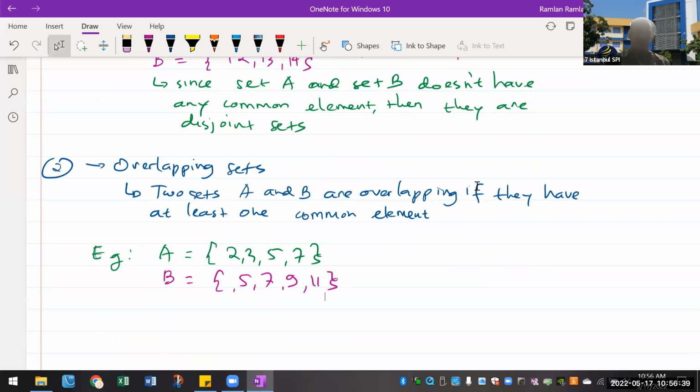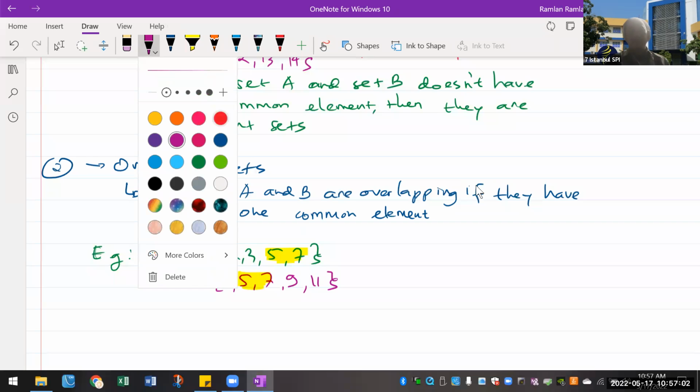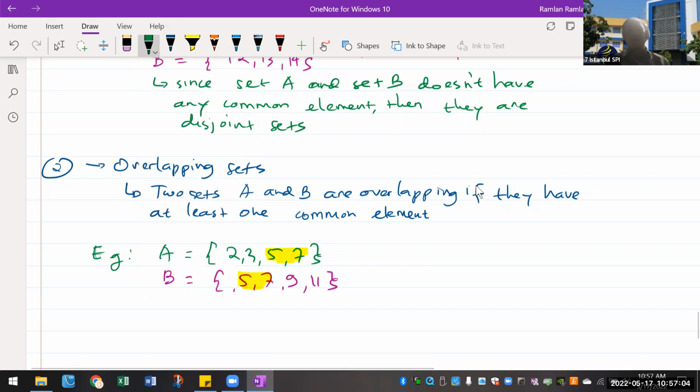Why? Because they have common elements, at least one. And here we have two common elements. The 5 and 7 in set A are also in set B. Because they have at least one same element, we can conclude that these two sets are overlapping.